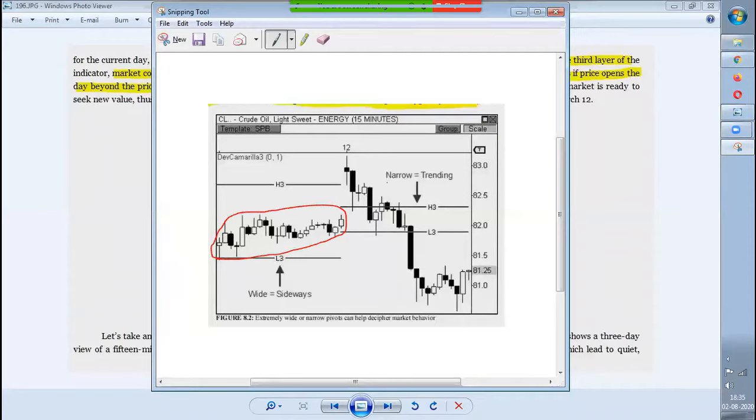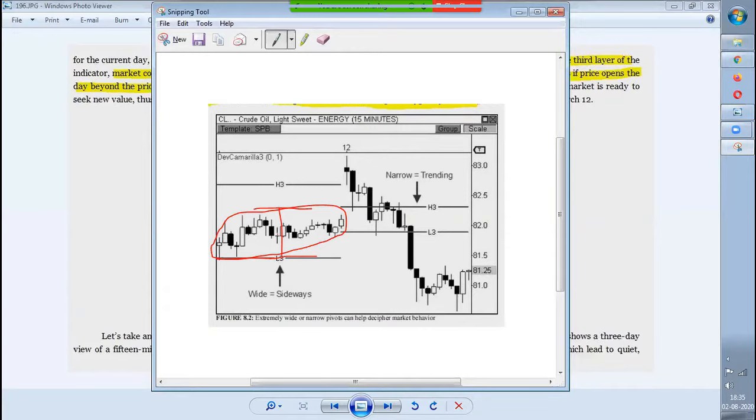The previous day range was very, very small, nearly from 82.25 till 81.5. Just a 1% move has been seen in this range. And when the range is very, very small, we can expect an expanding day or a trending day tomorrow.